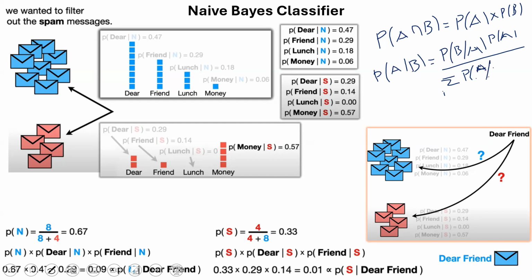Summation of every combination of P of B given A into P of A plus P of B given not A into P of not A. So this is what Bayes rule is. When they are dependent on each other, when they are not independent, this is the actual thing that you have to use. When they are independent, the joint probability will become just the multiplication of the individual probabilities.